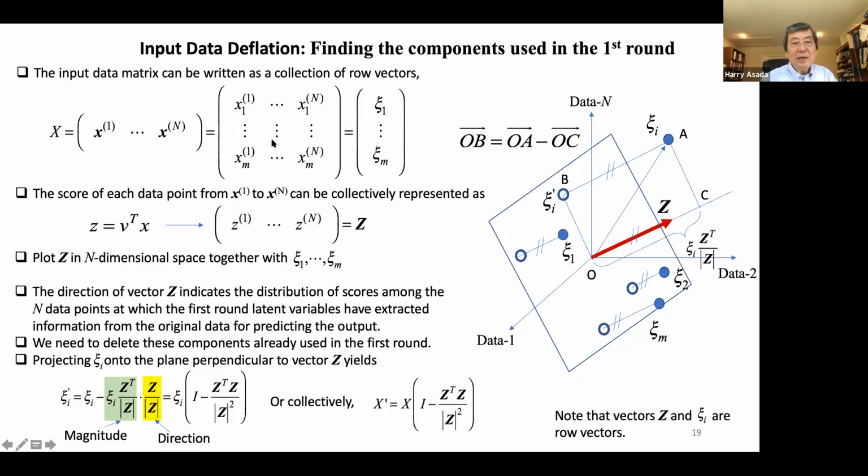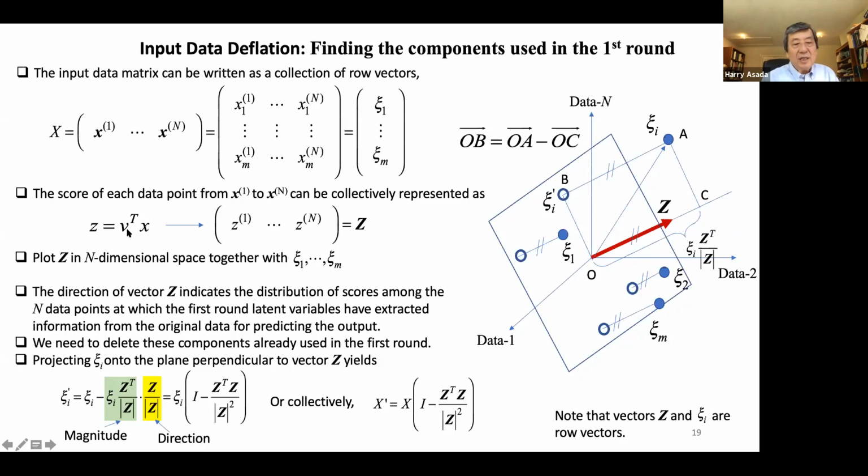So now, for each vector x1 to xn, we have computed the scores, right? Z is the score, in the direction where the optimal direction v has been set, and then we look at the projection onto that unit vector.